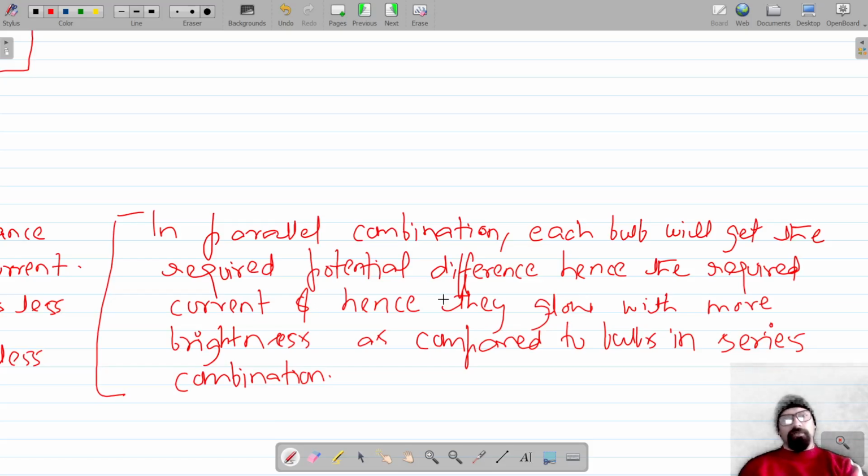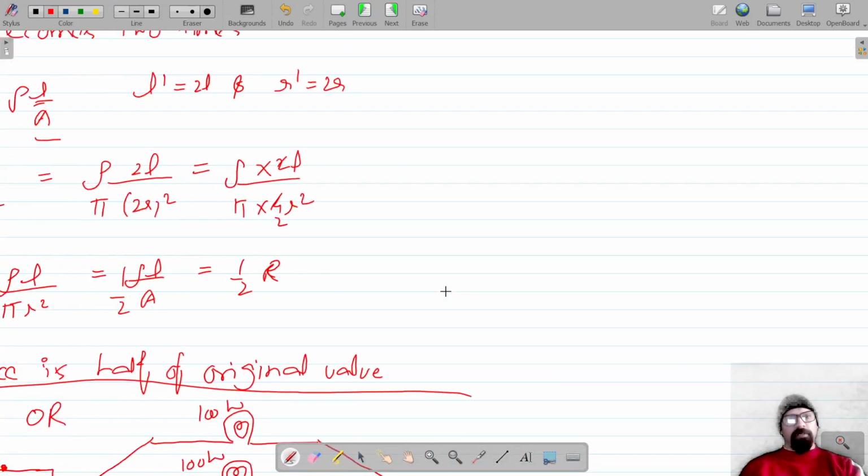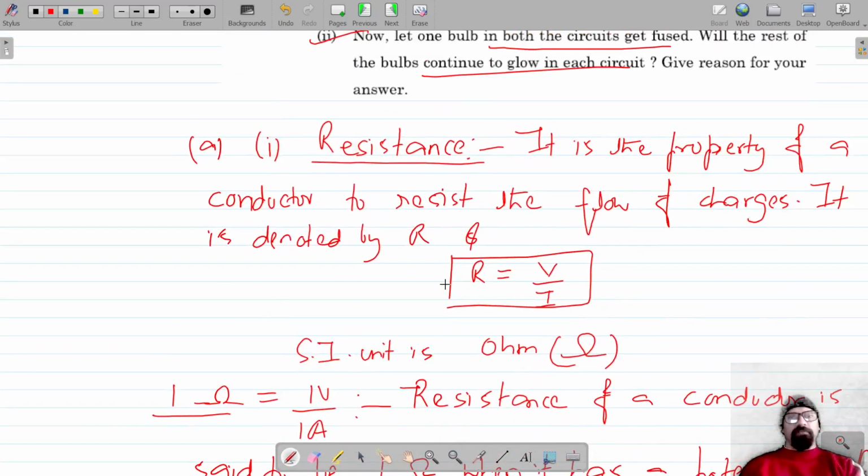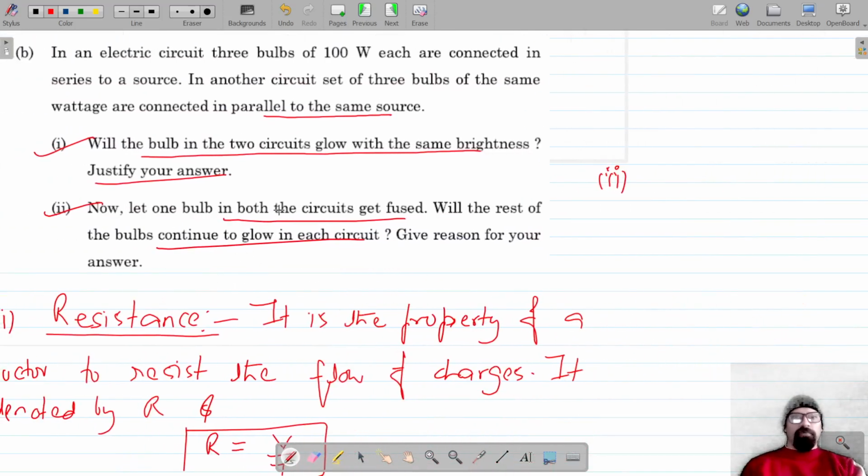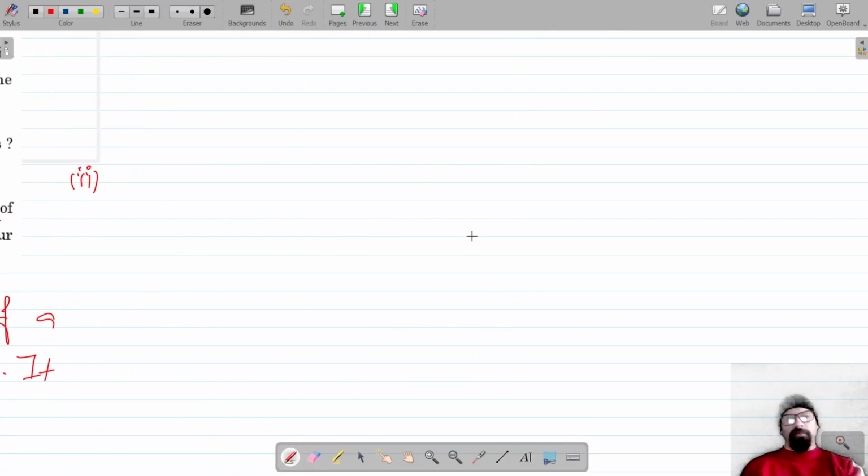Now let's try to answer the other part. The other part says: now let one bulb in both the circuits get fused. Will the rest of the bulbs continue to glow in each circuit? No, it will not glow in the series because they are connected end to end.